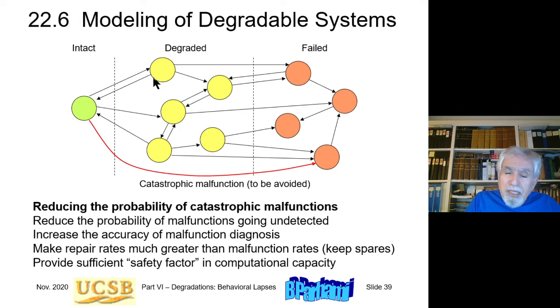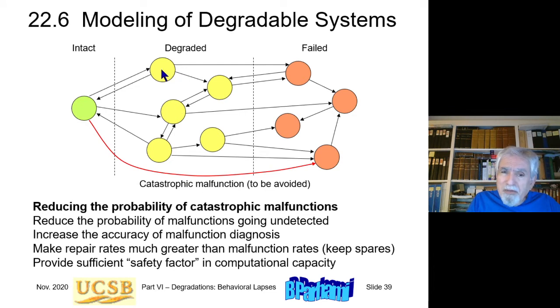The hope is that these degraded states serve as buffers to prevent the system from going into the failed state. So if we manage to repair it from this state back there, then nothing serious happened. It operated for a while in this degraded state. If we happen to go into this perhaps more degraded state, we are still okay, we can still go back.